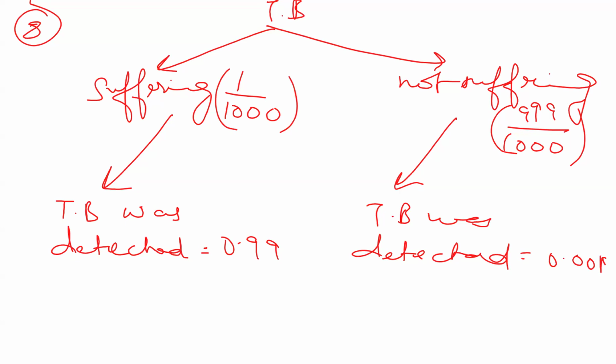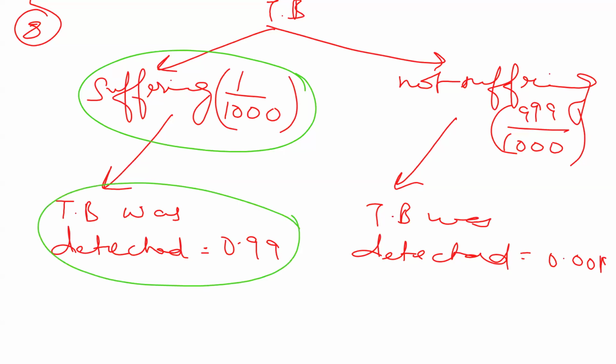So look at the flowchart which I've given you. Read the question once again. You will be able to understand. We are supposed to find in this particular problem the probability of a person having TB, that means is suffering from TB, and it was diagnosed correctly, it was detected also.